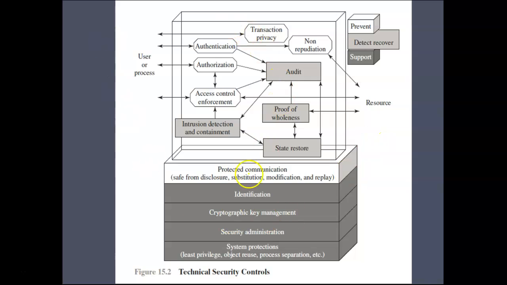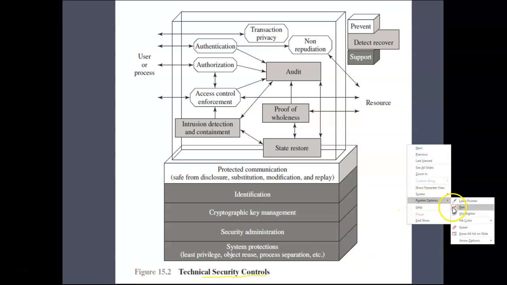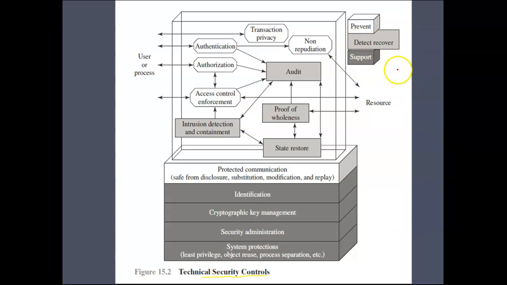Here, let's take an example of technical security controls. Okay, so we have three types: supportive controls, preventive controls, and detection and discovery controls.